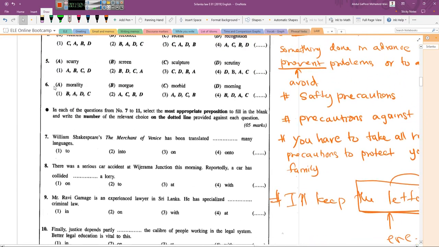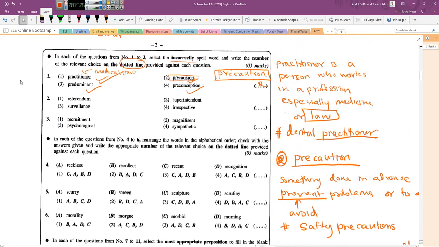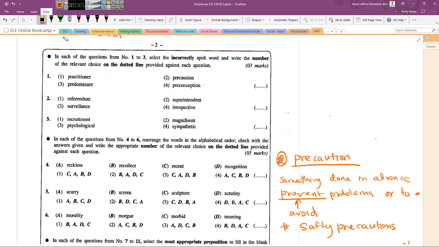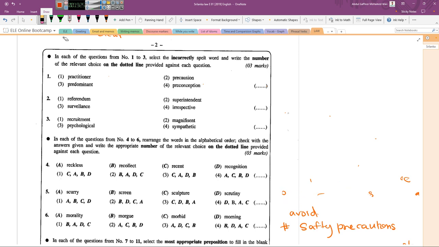Let me raise these things. Okay, now the second one is referendum, that is okay.